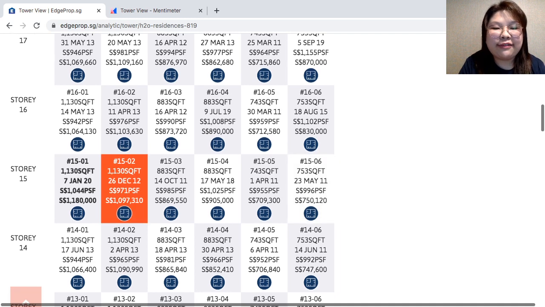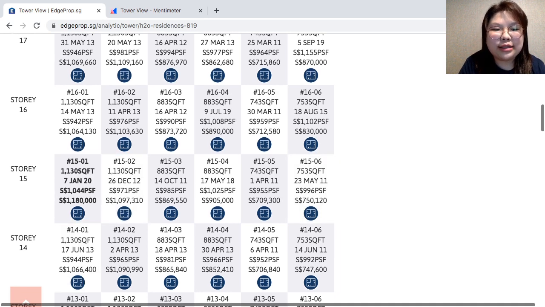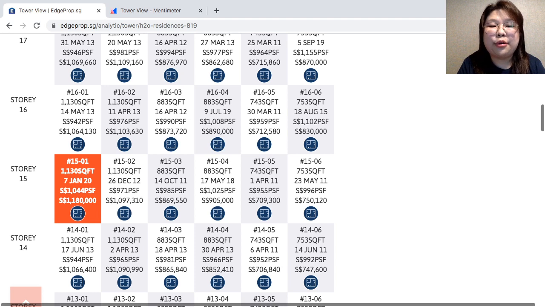For example, 1501: this unit is 1130 square feet. It was last transacted on the 7th of January, at 1044 per square foot and at a quantum of 1.18 million.